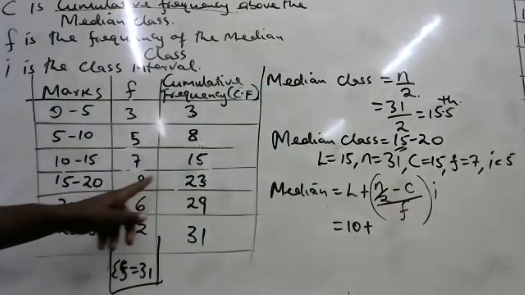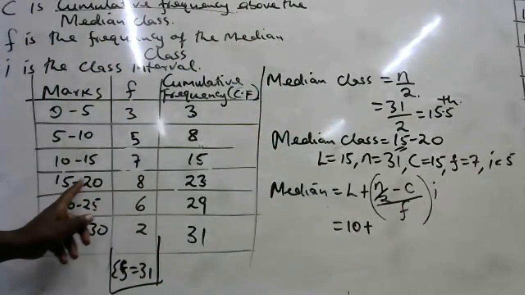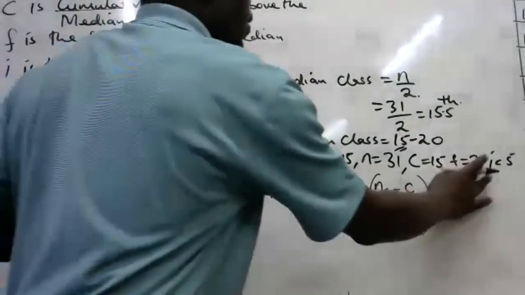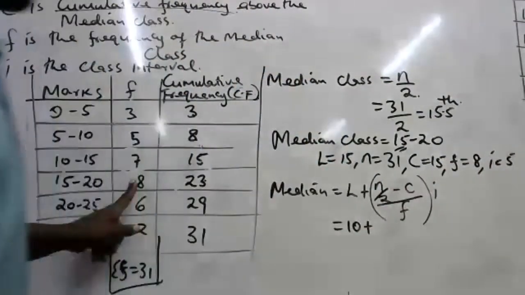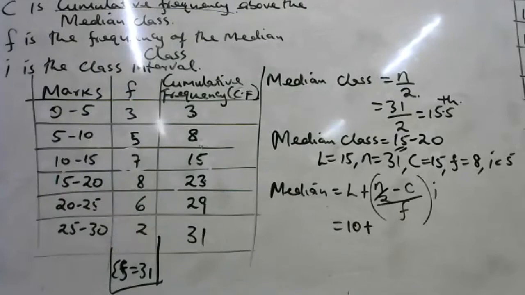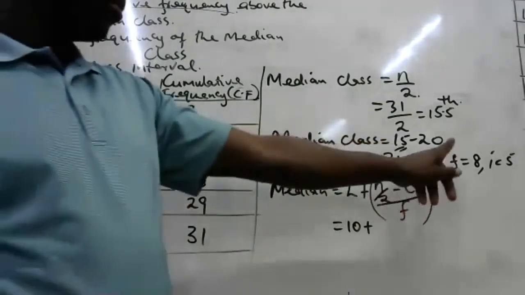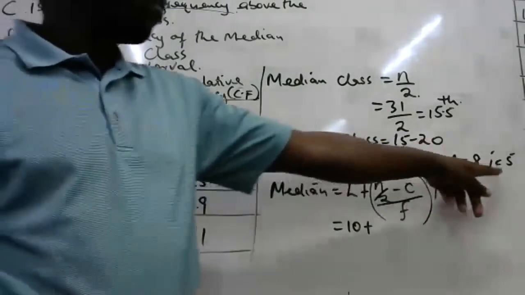Our frequency will also change because this is our median class. Our F will be 8. The I will not change because 20 minus 15 is 5.